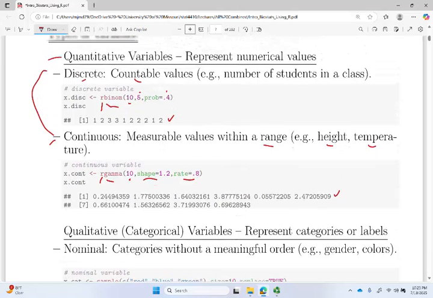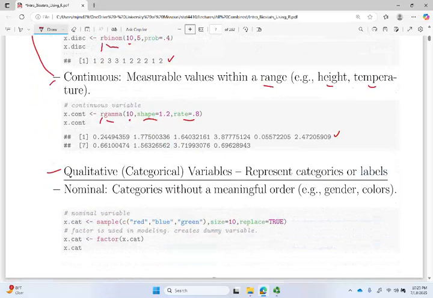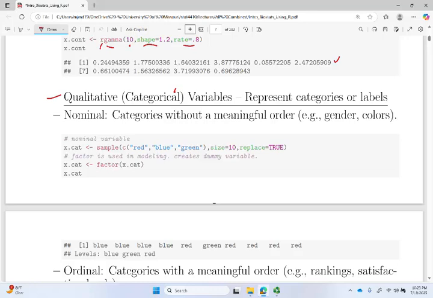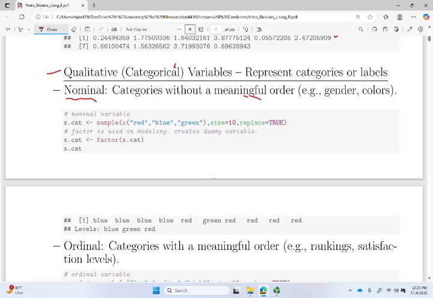Now, the other type of variable is called qualitative, and it really represents categorical variables or labels for that categorical variable. Nominal is probably the simplest form, and it's categories without a meaningful order, like gender or red, blue, green, things that don't have a natural ordering.